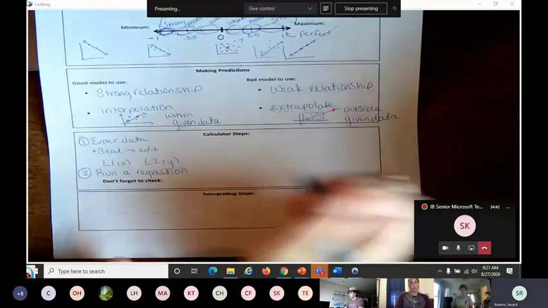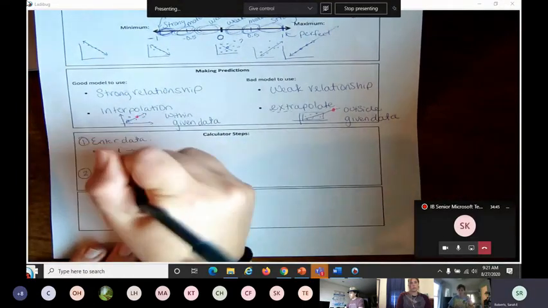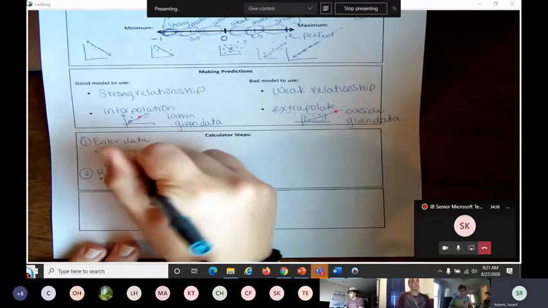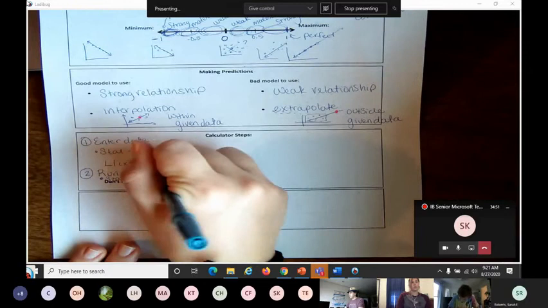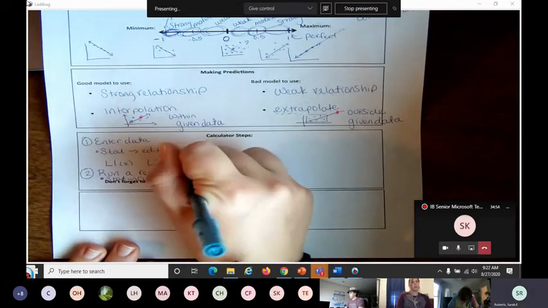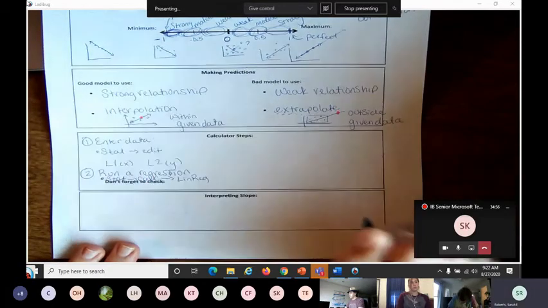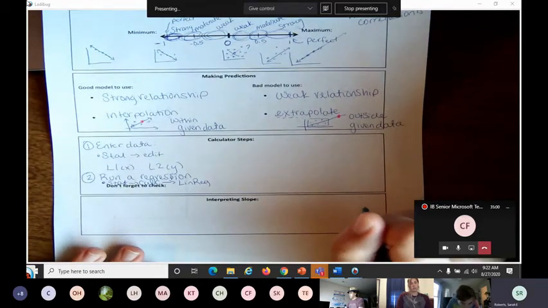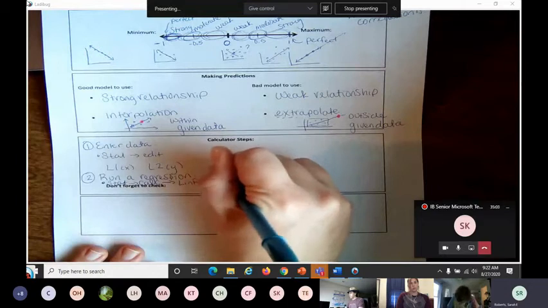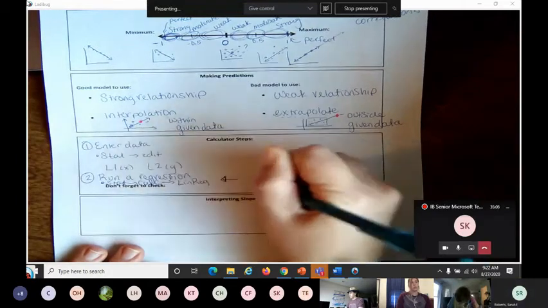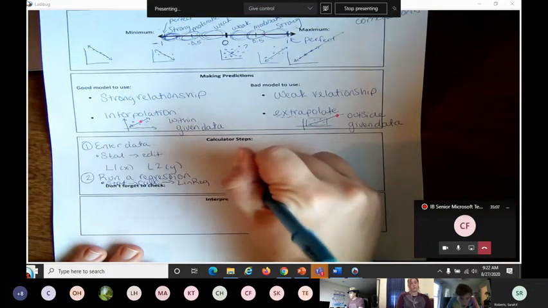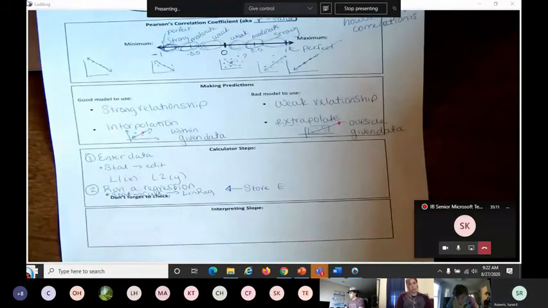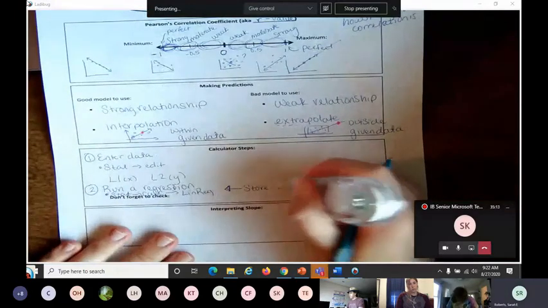Okay, and you do this by clicking Stat, Calc, and then LinReg. Okay. You can store this equation by doing Vars, Y-Vars, and then Function, Y1.